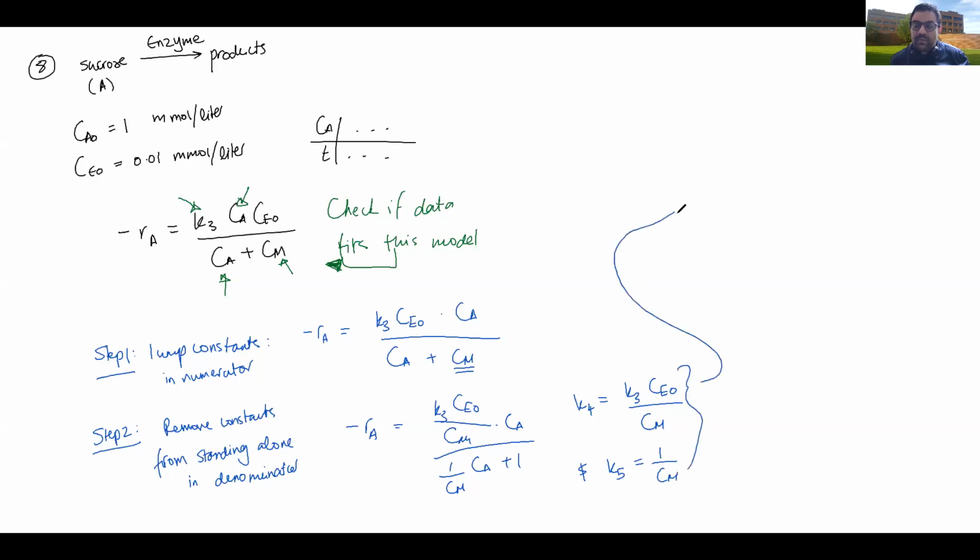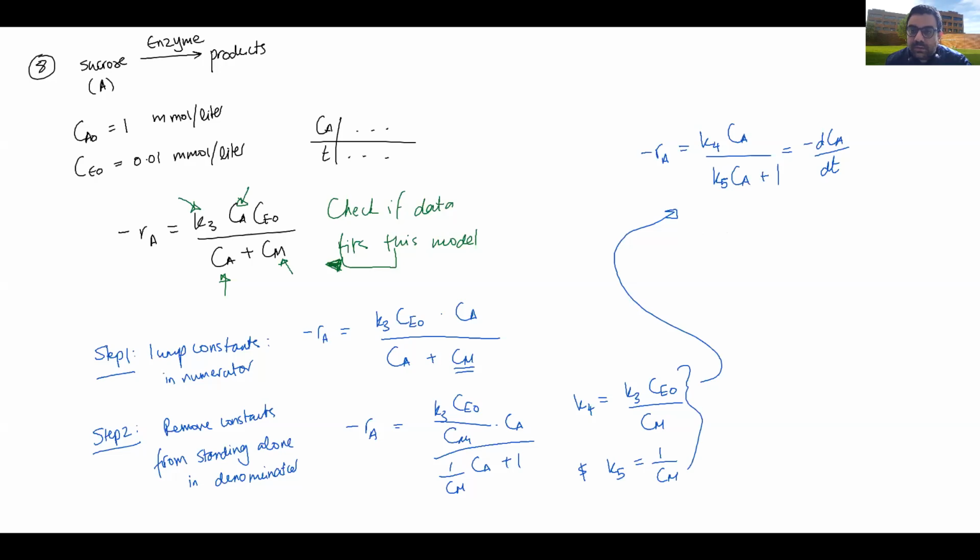Taking all of these expressions, I can now rewrite my expression as minus RA equals K4 CA divided by K5 CA plus 1. And this is an easily integrated type of expression, right? Because if I say this is equal to minus dCA by dt, and we try to integrate this.